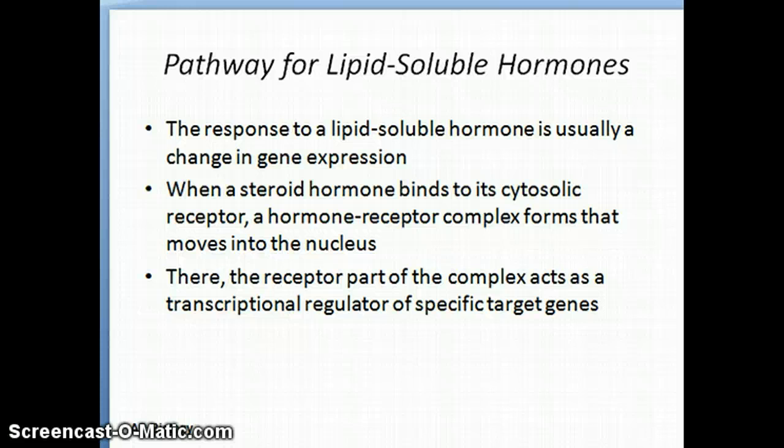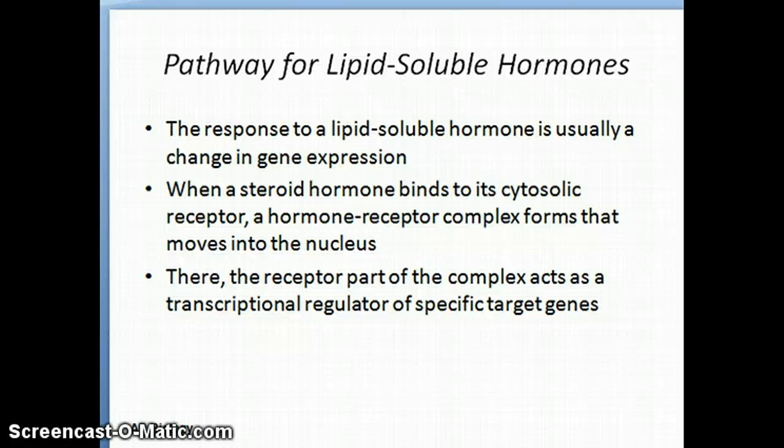So when a steroid hormone binds to its cytosolic receptor, which means a receptor located within the cell, the hormone receptor complex forms and moves into the nucleus. And within the nucleus, the receptor part of the complex will act as a transcription regulator or transcription factor for a specific target gene.